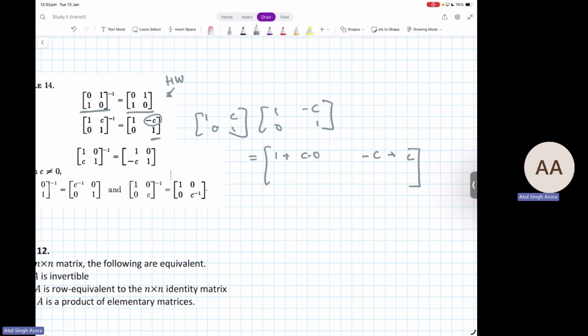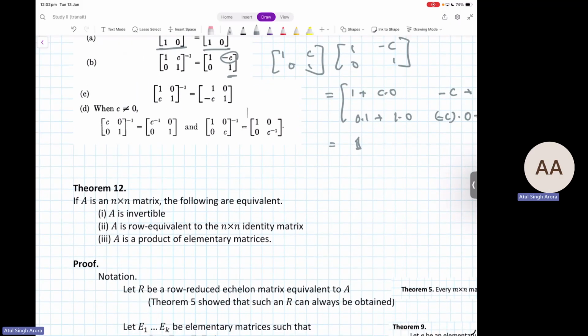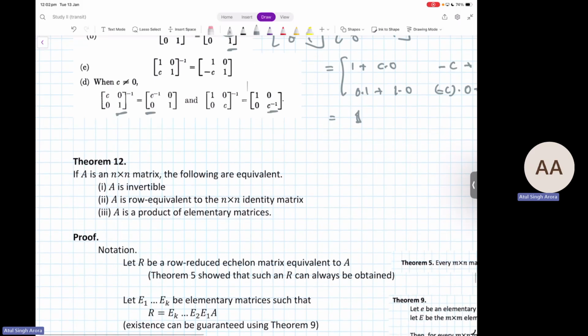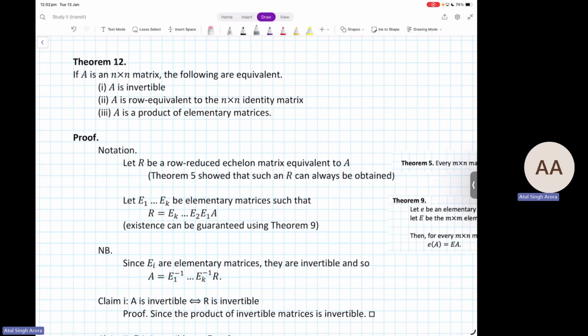And then the next one, and the final one. Is that good? Just a quick example to get some handle on how these things work. This one is completely trivial, you just have the inverse here also. Good. So now we have the next theorem.